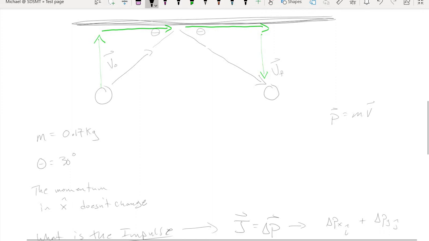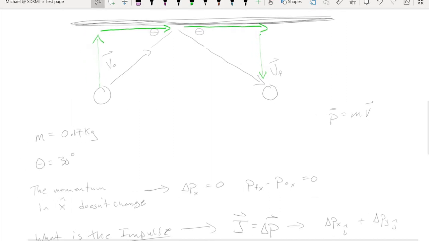We were told the momentum in the x direction does not change. So any change in momentum before and after the collision for the x direction is 0, or the x component of momentum before and after the collision have to be equal.